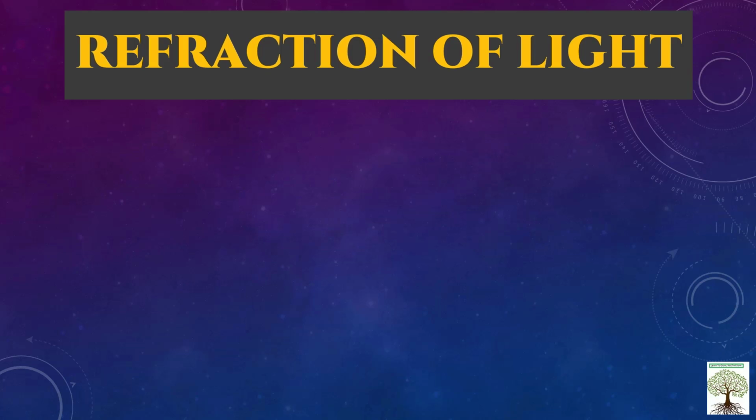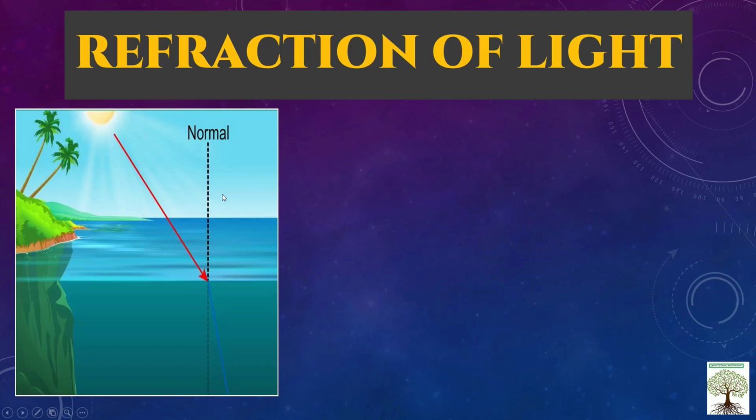Next property, refraction of light. Here, as you can see, when light travels from one medium to another, that means from air to water or any other medium, this light bends at the boundary, at the edge. This is the property of light, refraction of light. When light passes from one medium to another, from air to water, it will bend a little bit.